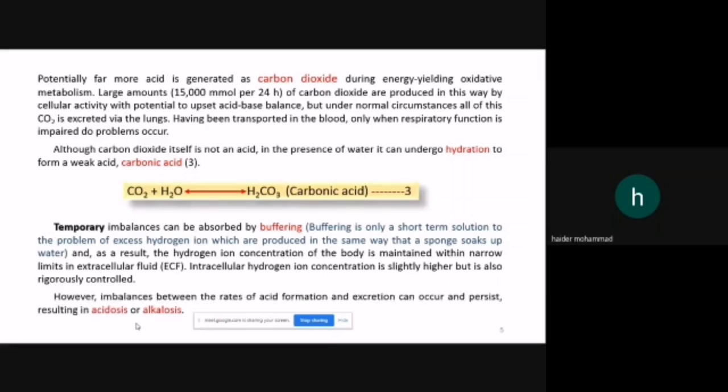Okay. The imbalances between rates of formation and excretion can occur pathologically أو temporary، وهنا يصير عندنا persistence resulting in acidosis or alkalosis. فإذا صار increase بالهيدروجين ions فيصير عندنا acidosis، وإذا صار decrease يصير عندنا alkalosis. إذا تحدث العملية. Okay.